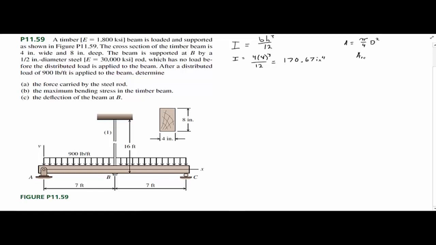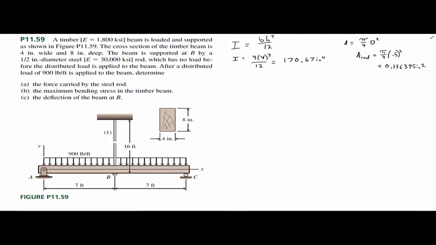So the area of the rod, right, is pi over 4 multiplied to 1/2, so 0.5 squared, and then this equals 0.196395 inches squared. Okay.